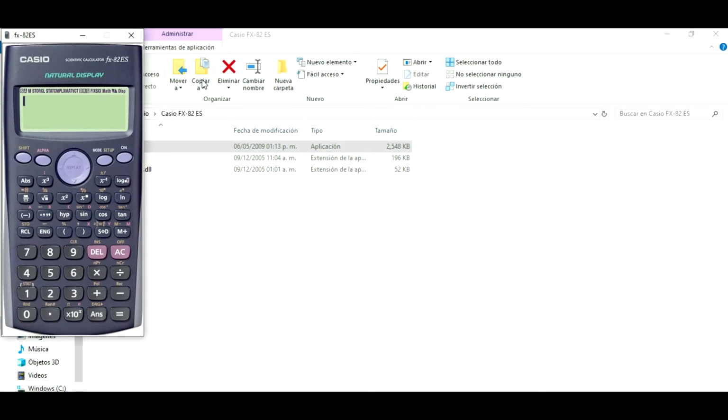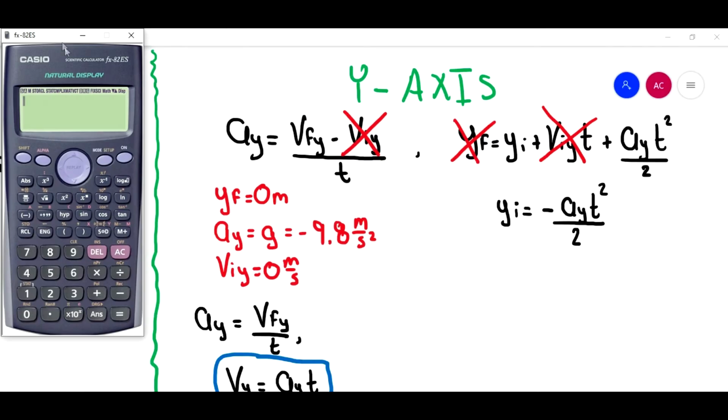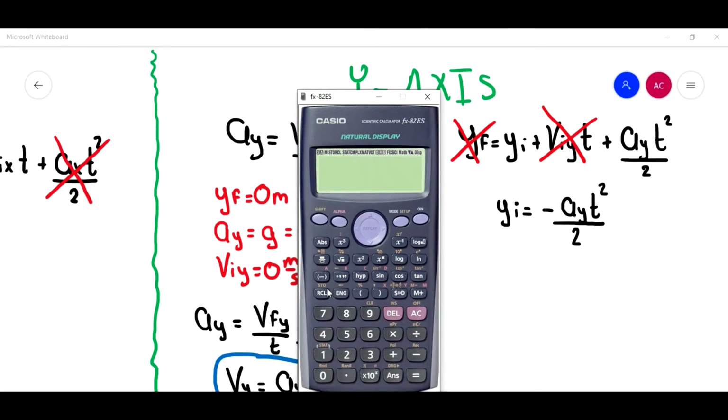Okay, so what was the height at the first second? Negative minus 9.8 meters per second squared, multiplied by 1 second squared, over 2.